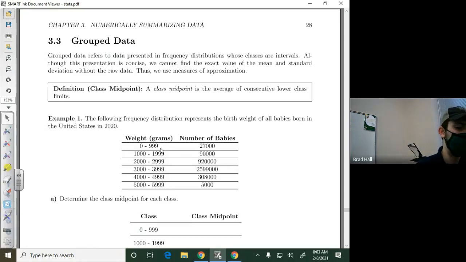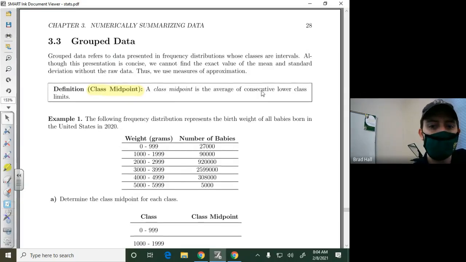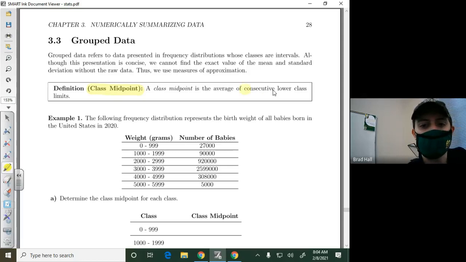The class midpoint is a way to take a class and average it. So you're referring to the group of that row as the midpoint between consecutive lower class limits.